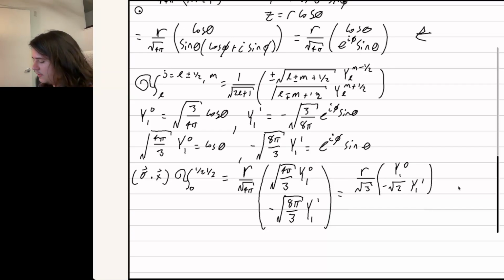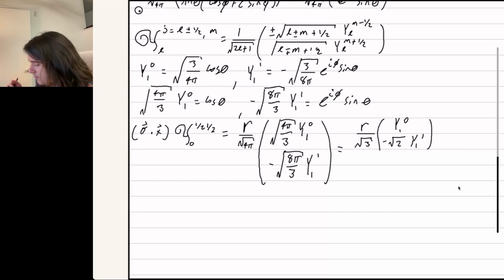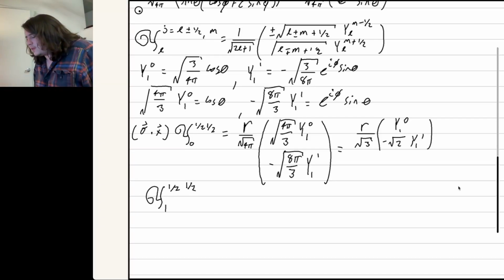Now, looking at the general function for the spin angular function, we know now that L is going to end up being equal to 1 for this one. We have a minus sign in the vector, so we're going to use j is equal to L minus 1/2, so j is equal to 1/2. And m has to be 1/2, because 1/2 minus 1/2 is 0 up top. Okay.